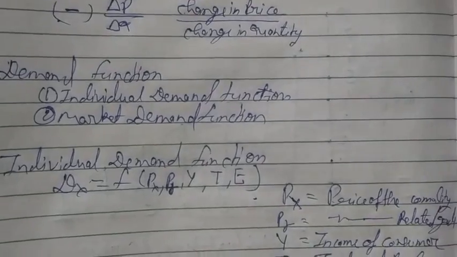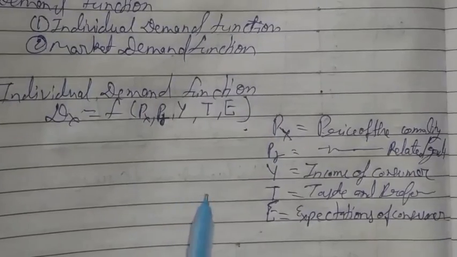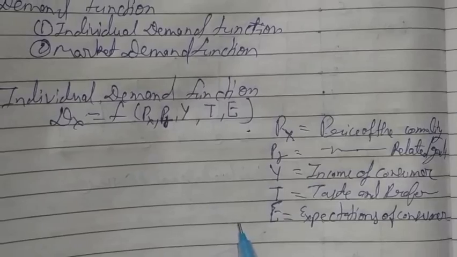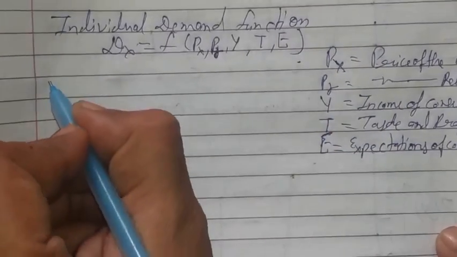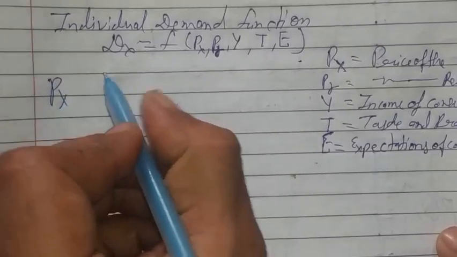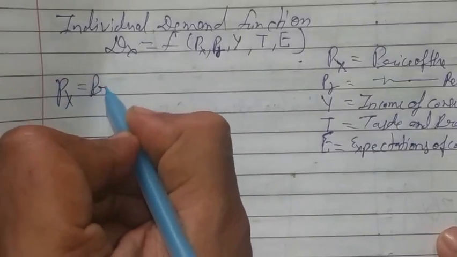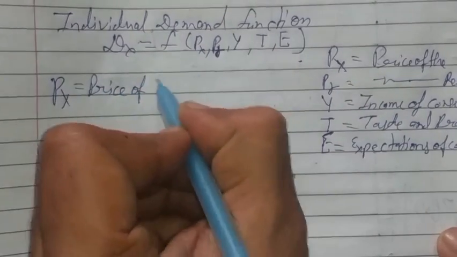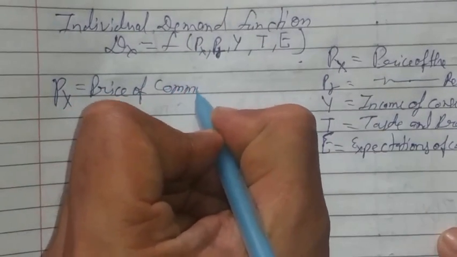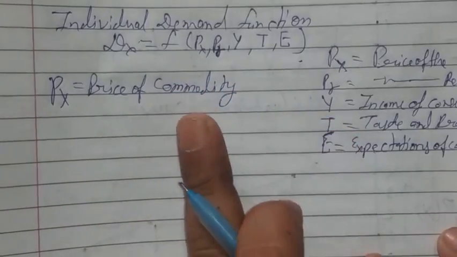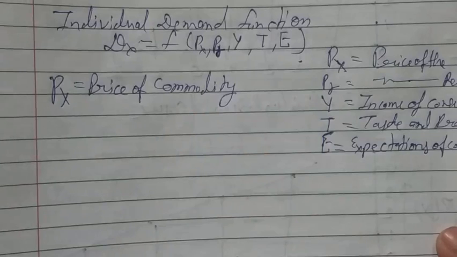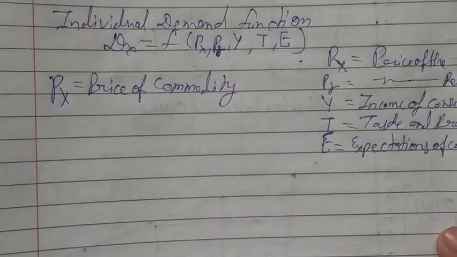So the demand of goods depends on all these. How does it depend? First we talk about Px, the price of the commodity. Whenever the price of the commodity goes up, the demand would go down, and whenever the price goes down, the demand would go up.